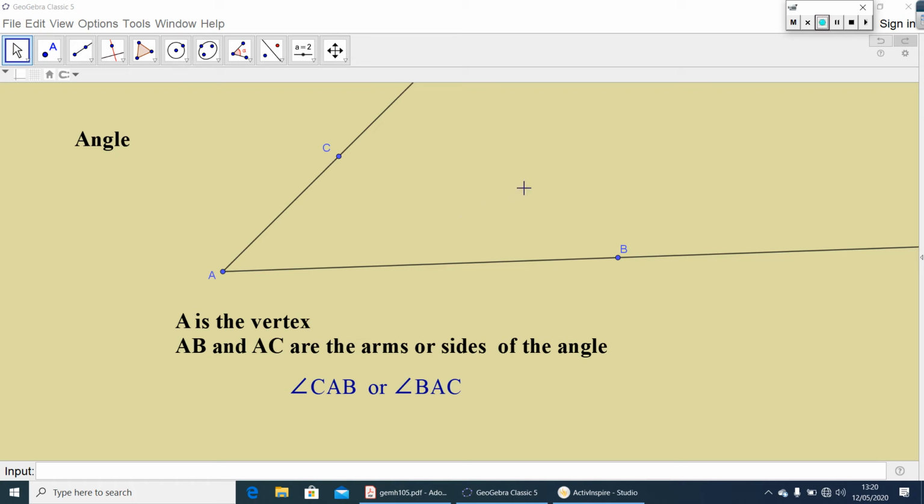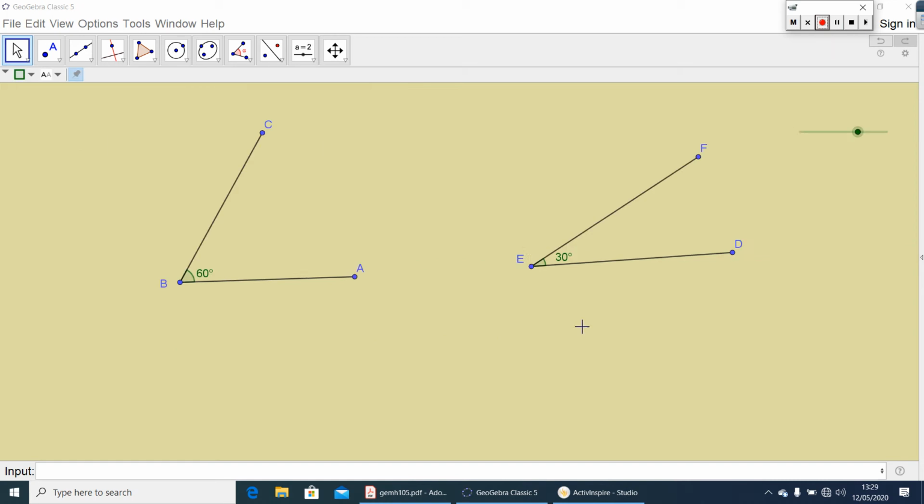Now we are going to discuss a pair of angles. Here I drew two angles, angle ABC and angle DEF. Measure of angle ABC is 60 degree and measure of angle DEF is 30 degree. Now you add these two angles. What will you get? That is 60 plus 30.